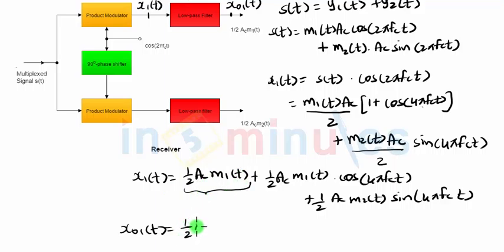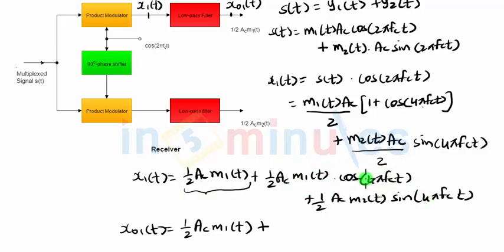So we get the first output term as half AC M1t, plus, if you observe the second and the third term, it is the multiplication between the modulating signal whose frequencies are FM1 and FM2, and two sinusoidal signals whose frequencies are twice Fc. Because of this 4 here, the frequencies are twice Fc.